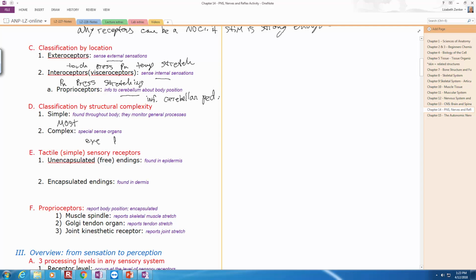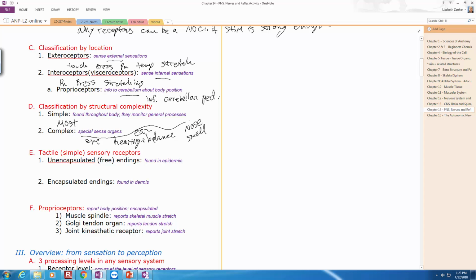It'll be hearing and balance. So who does that? Has to do with the ear. Even your ear has to do with your balance. Okay, cerebellum has to do with balance as well, but for special senses. And then nose has to do with your smell, that type of thing. So those are all complex.